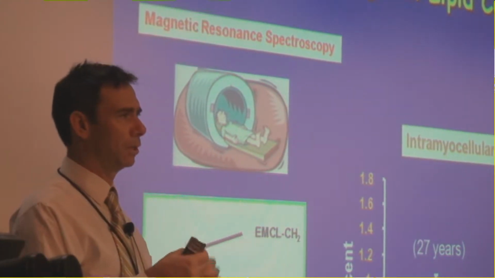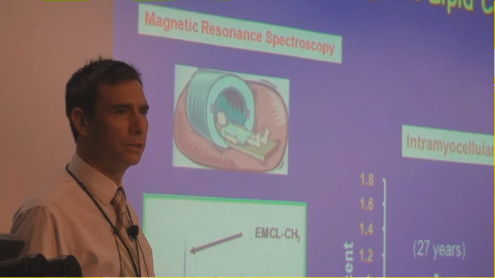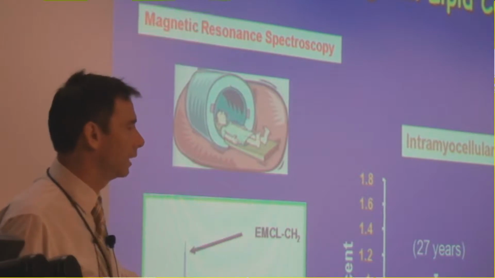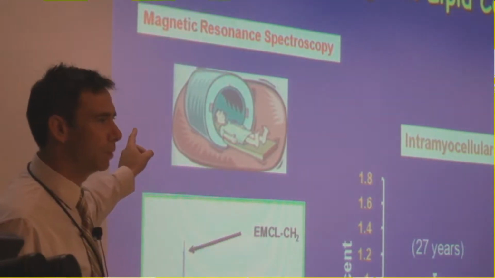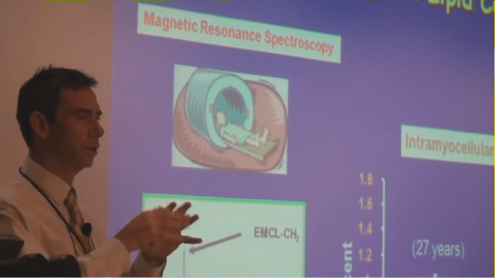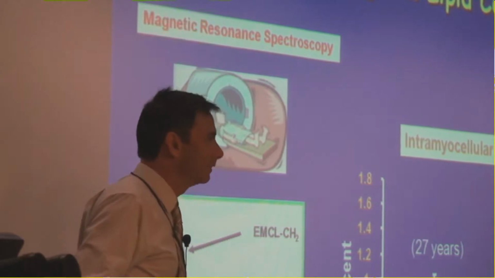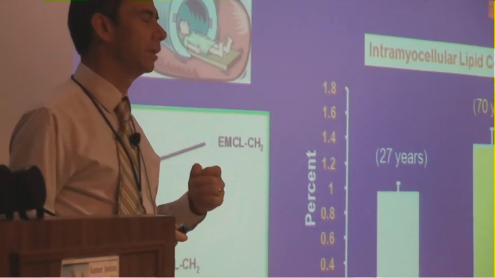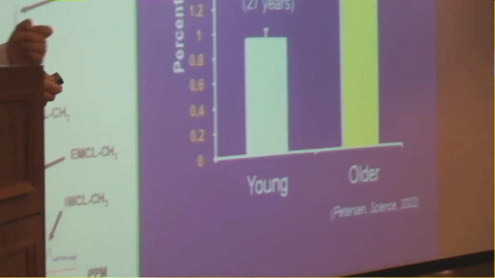And fat that accumulates in these tissues is very toxic. This test is essentially done like an MRI, but instead of the software generating images, it generates spectra like this one. And from that, the software can tell us the amount of fat in our cells.